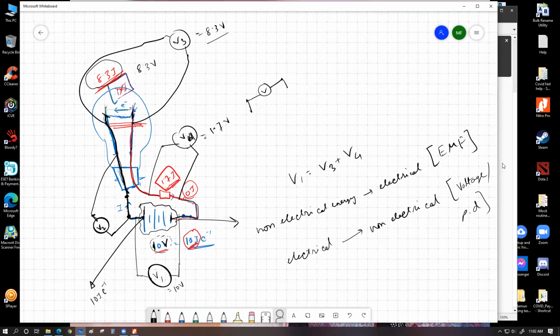They represent energy per charge. But for sources, we use the term EMF. It is said electromotive force. This has nothing to do with Newton. Electromotive force is the name of the quantity, nothing to do with actual physical force. It is joule per coulomb. And for electrical devices which use electrical energy, we use the term voltage or PD.